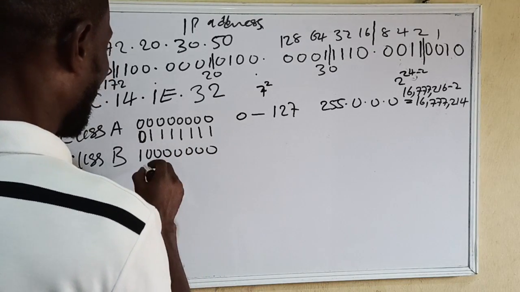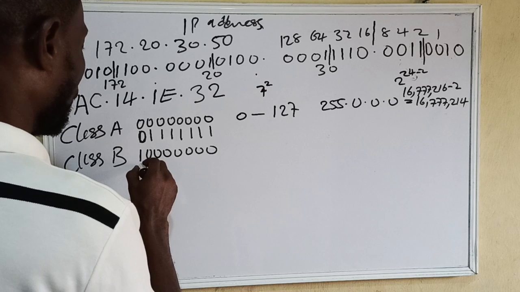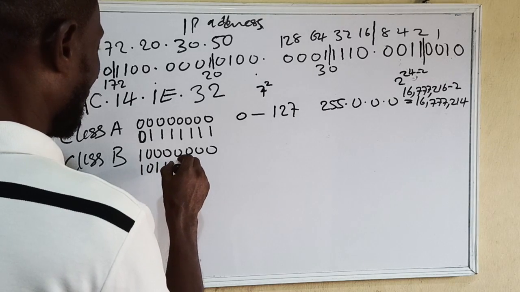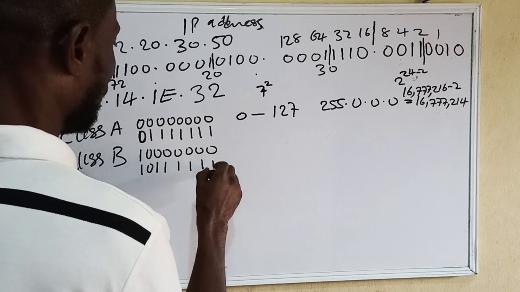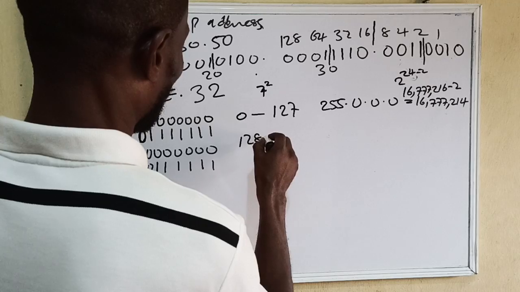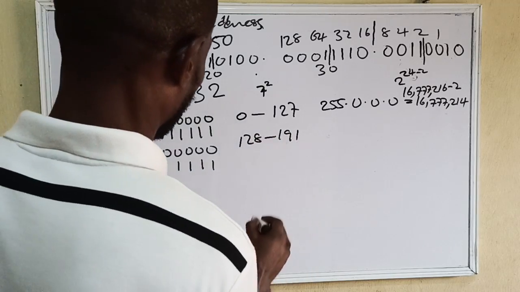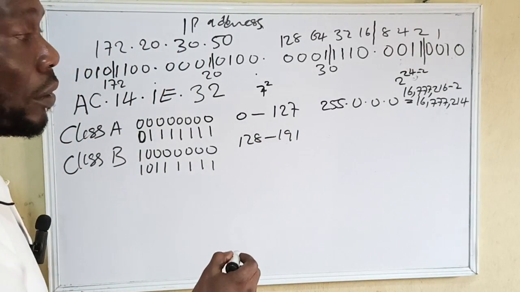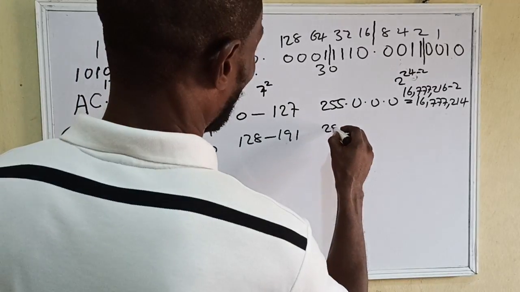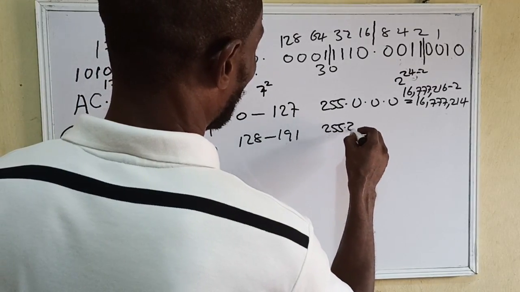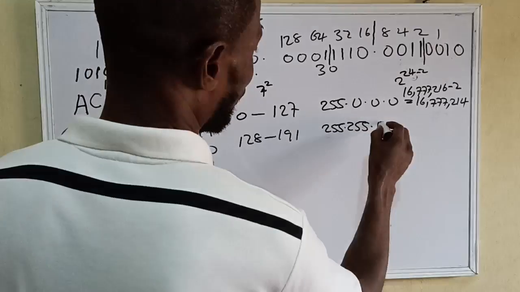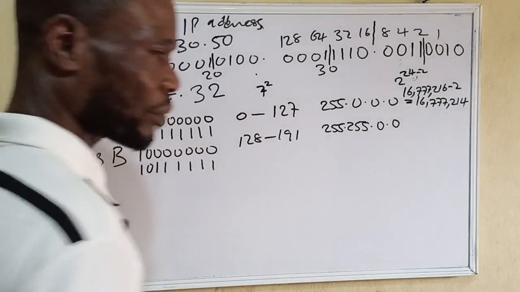Okay, and when you come here again, you turn one on and off this, come here and turn all this on, you get 128 to 191. Okay, so now the network portion is 16 bit, while the host portion is also 16 bit.